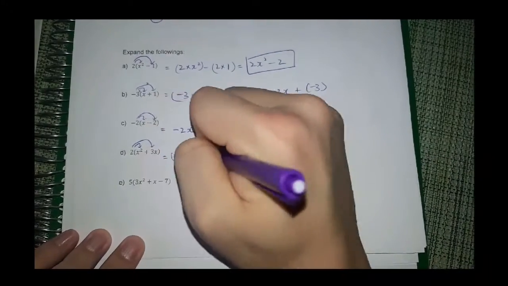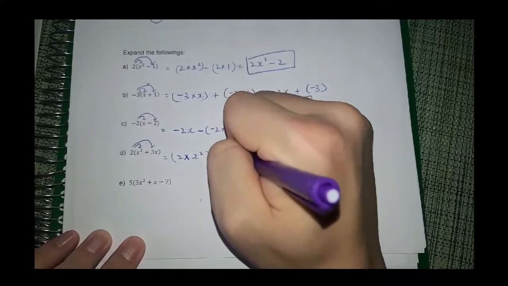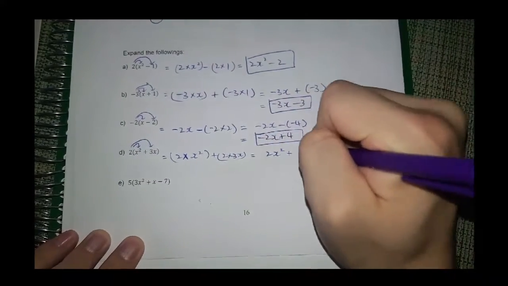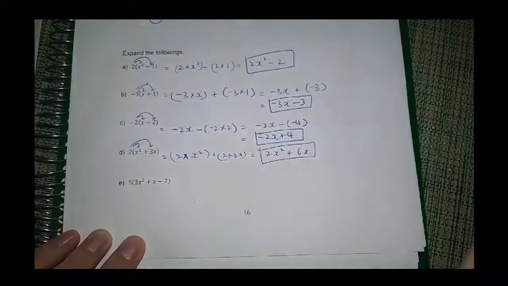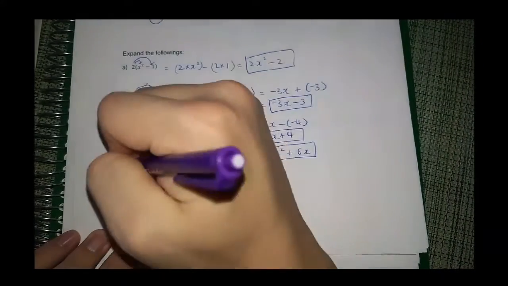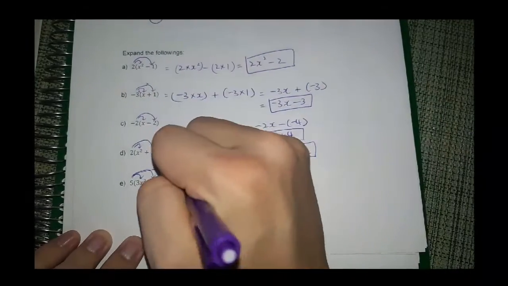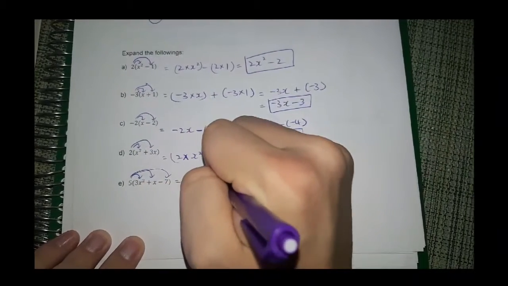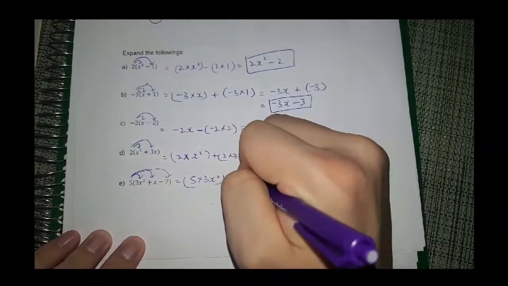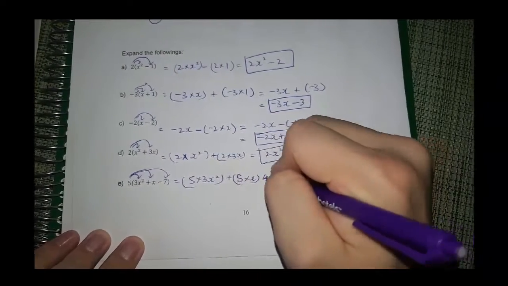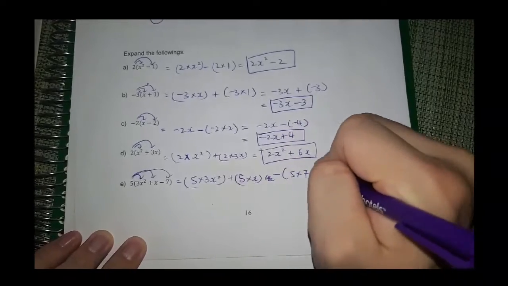Two times x squared plus 2 times 3x gives me 2x squared plus 6x. Everything was positive. Good to go. 5 times 3x squared plus 5 times x plus, minus 5 times 7.